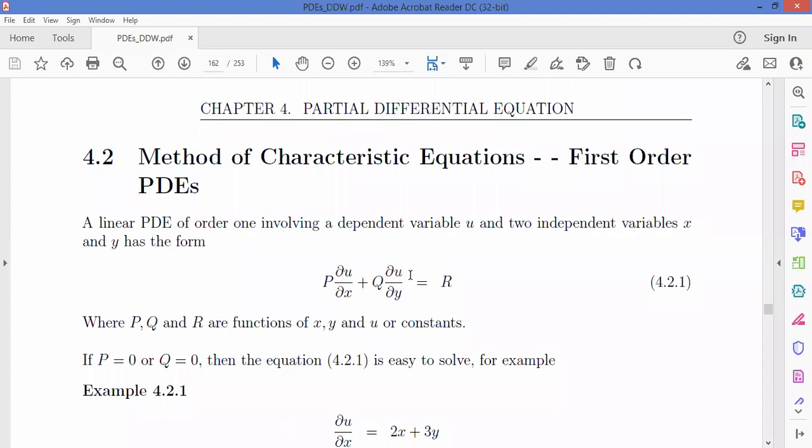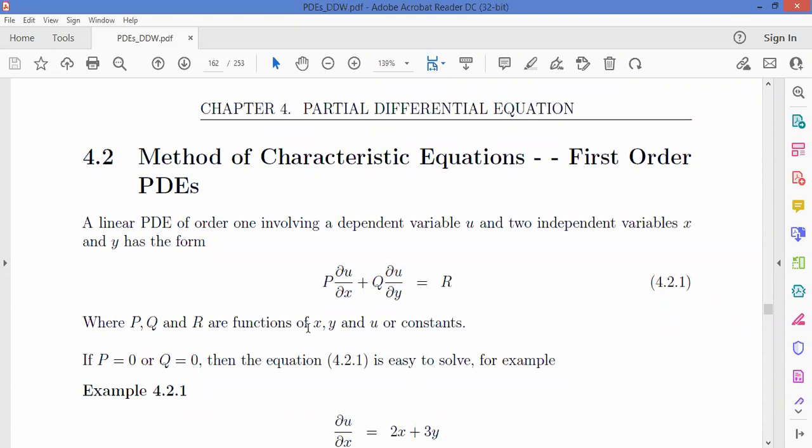So when we talk of these methods of characteristic equations, first order, you have this. Here we are going to bring in Lagrange. You guys did Lagrange, I think, in numerical analysis one, the Lagrange approach of handling some polynomials.